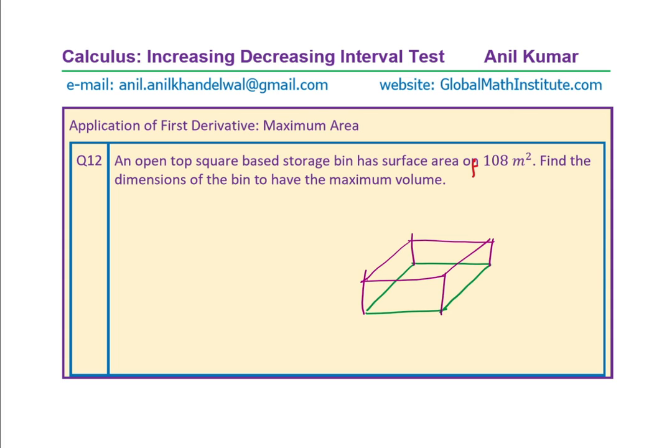Anyway, it does give you an idea of the square base. So basically square means these dimensions are equal, and we can say height is h. Now we know that the surface area is 108. So xh, there are 4 surfaces, times 4, plus base x squared. That surface area is 108, clear? And the volume will be x squared times height. Now I think it should not be difficult. You should be in a position to answer this question.